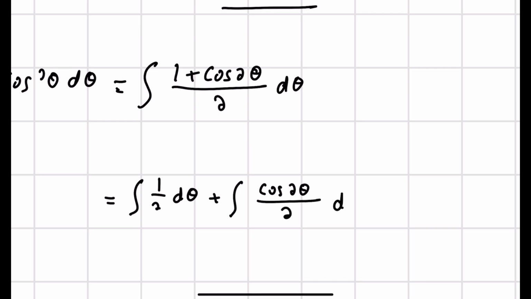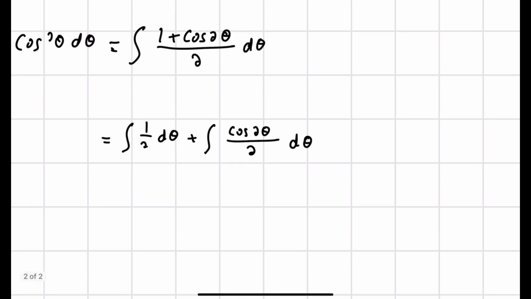So let's find the integral of this. The first part, the integral of 1 over 2, is simply theta over 2. Remember we're finding the integral with respect to theta. For the second part, the antiderivative of this is sine 2 theta over 4.